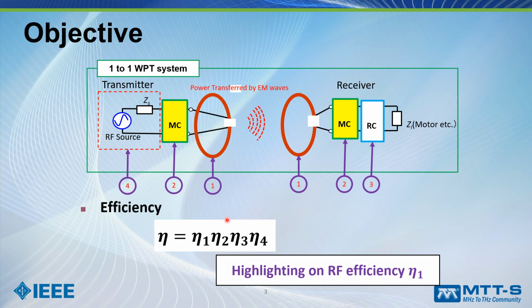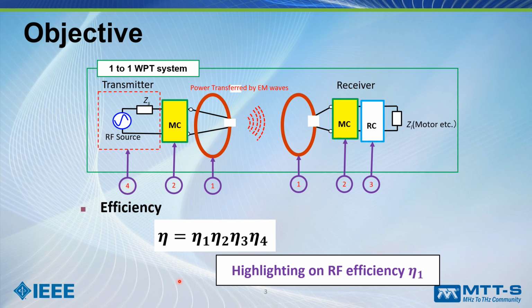Eta 2 is the efficiency of the matching circuits, used on both the transmitting side and the receiving side. Eta 3 denotes the efficiency of the rectification circuit, which is usually used at the receiver side to transform the alternating current to direct current. And eta 4 means the efficiency of the RF source.